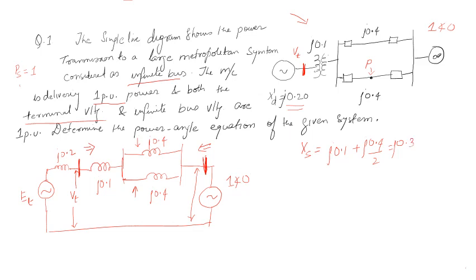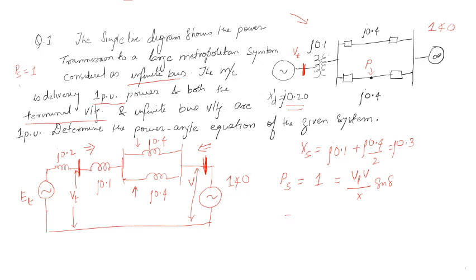And if you have to find the power, the delivering power is 1 per unit. So I can say that the rated capacity without any acceleration is 1 per unit. That is VT into V upon Xs sine delta.